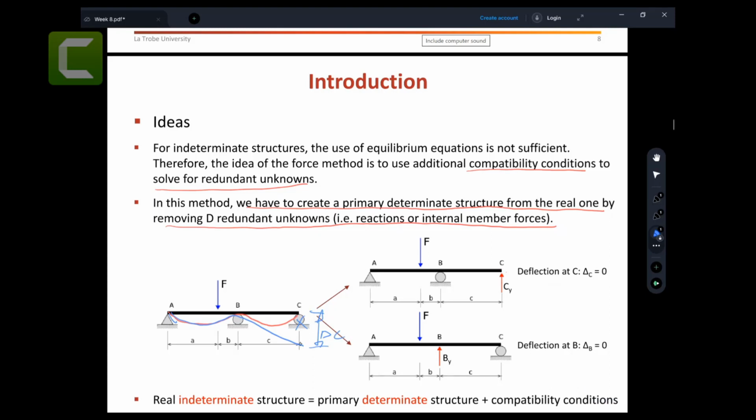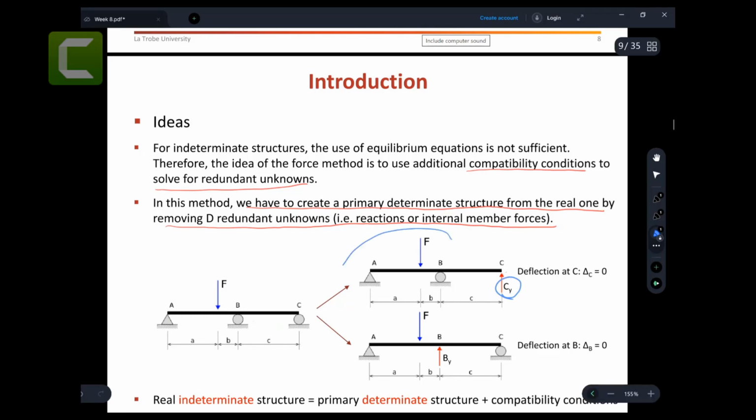But then I put an extra force that will push it back to here, right? I put the extra force to make it 0, because at the support the deflection is 0. So I put an additional CY to make the deflection 0. So in that case, we need to find the CY such that the deflection is equal to 0.